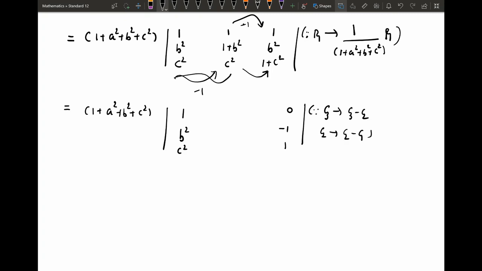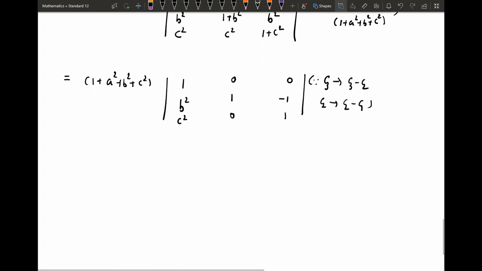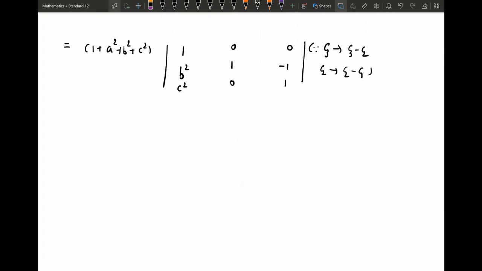Now multiply this by -1, add here. So 1 minus 1, 0. 1 plus B square minus B square, C square minus C square, 0. Now in the first row, since two entries are 0, let us expand using the first row. So the expansion is 1 plus A square plus B square plus C square, 1 into a 2 by 2 determinant, and the remaining two entries are 0, so no need to check the expansion.